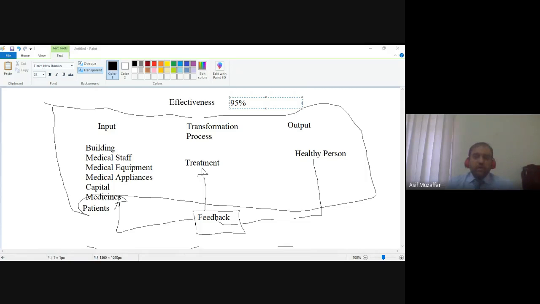There is no company in the world which is producing 100% good products. Interesting or surprising? Do you agree with me or do you not agree with me? There is not a single company in the world that can produce 100% good products.